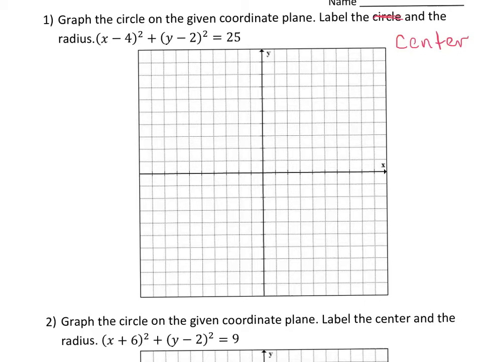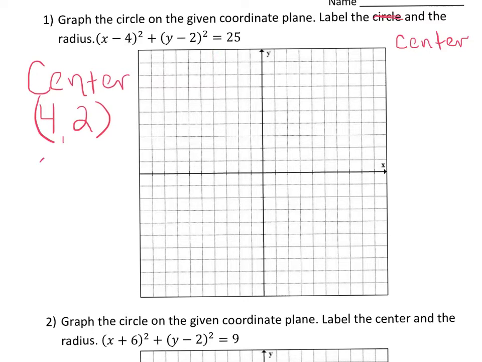I'm still at school. Okay, so the first thing you want to do is identify the center. The center for this one is (4, 2), because we have (x - 4) squared and (y - 2) squared. This indicates the center.